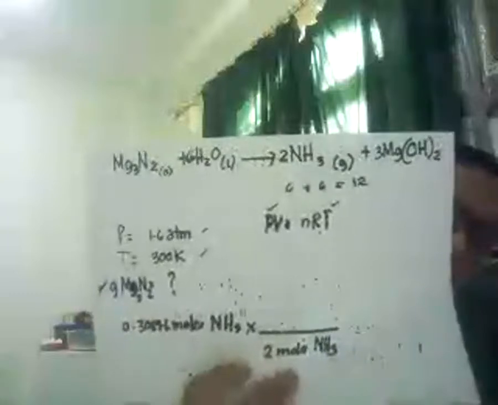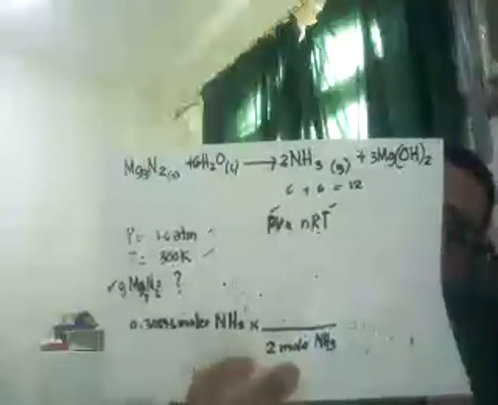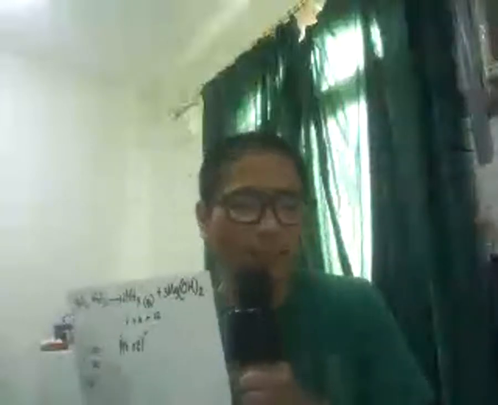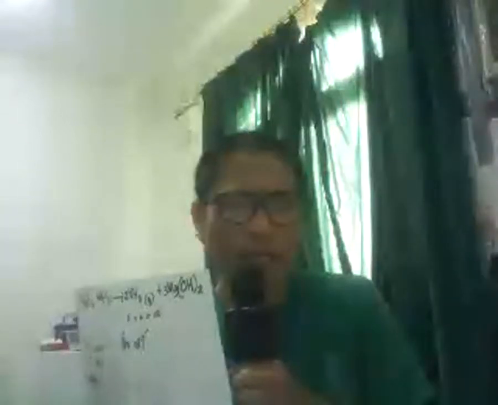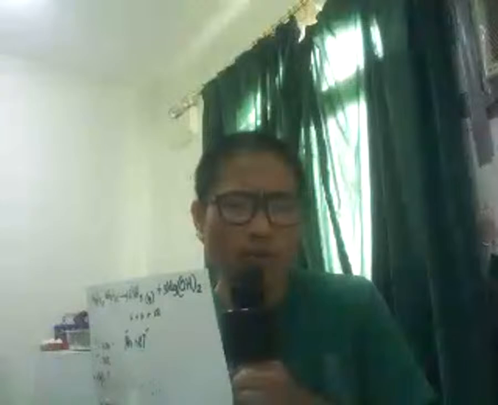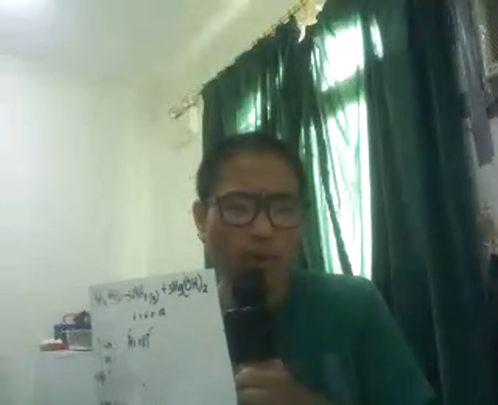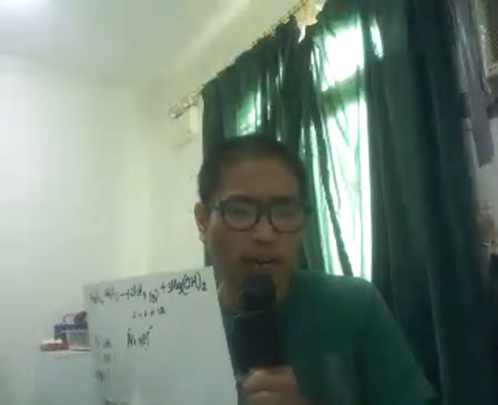How many moles of magnesium nitride will compensate and react to this ammonia? Okay, so the chemical reaction is very clear that we have only 1 mole of magnesium nitride, because we're asking for magnesium nitride.